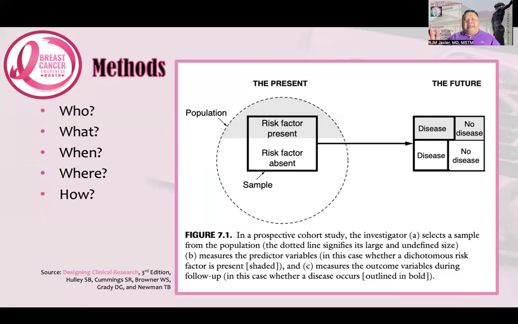Then you follow them up in time and you try to see among those with the risk factors who will develop the disease, who will not. In the same manner, among those who do not have the risk factor, who will have the disease, who will not have the disease. So, this prospective or forward looking design will allow us to generate your risk ratio. And your risk ratio will be the main measure of association for your concurrent cohort study.